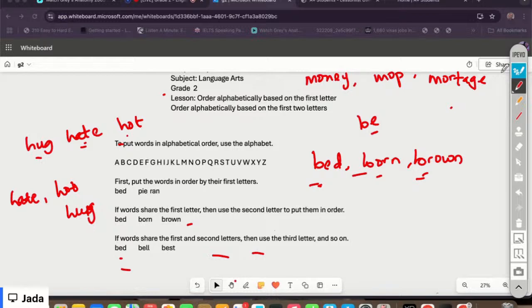All right, so we have money, we have mop, and we have mortgage. They all have the same first two letters, so we have to put them in order according to the third letter, right? So putting them in order would be what?